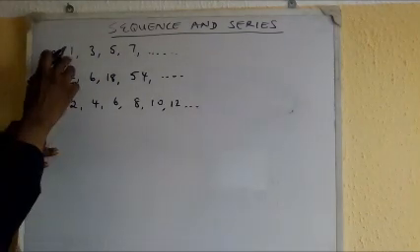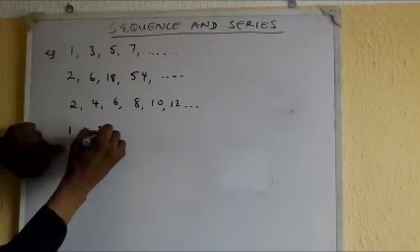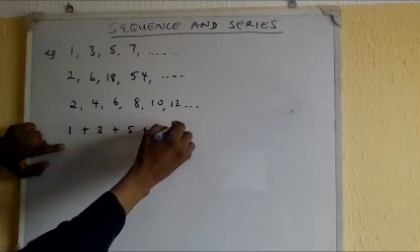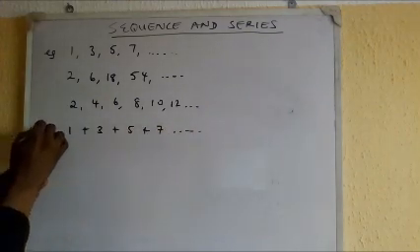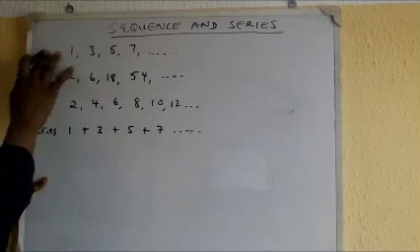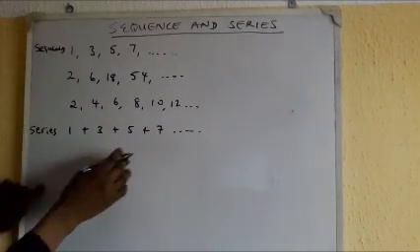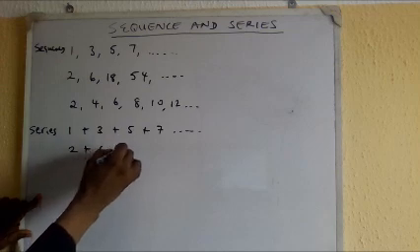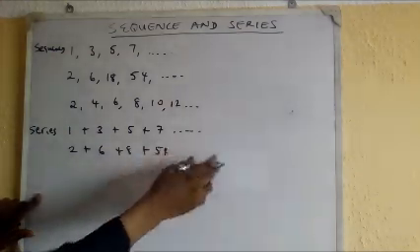Example, this first one, for it to become a series, it becomes 1 plus 3 plus 5 plus 7 and so on. So this is a series, while these are sequences. So these are series. This one becomes 2 plus 6 plus 18 plus 54 and so on.